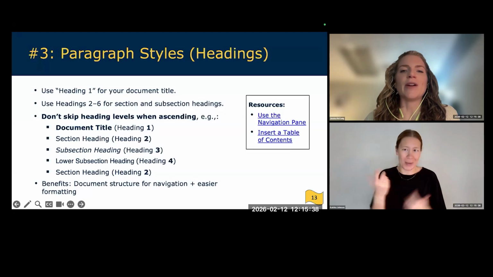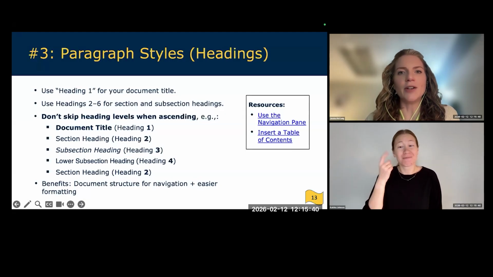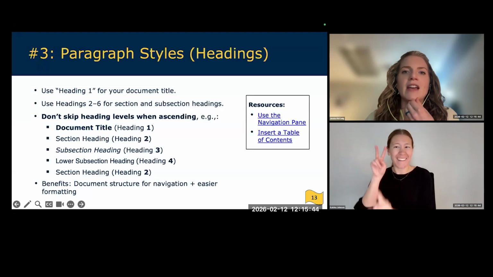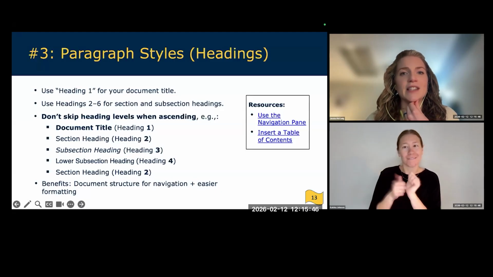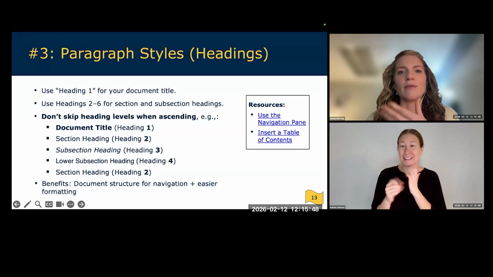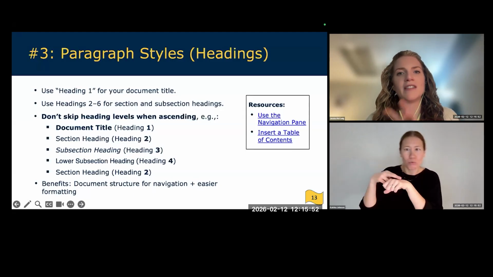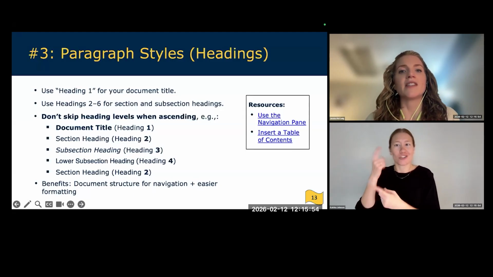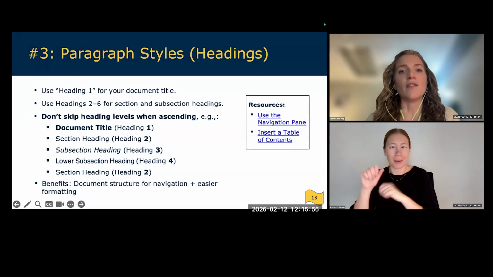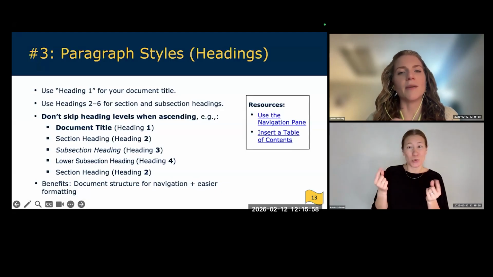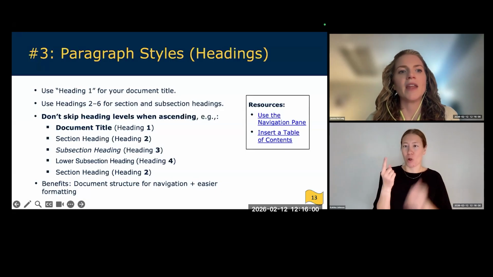However, we want to make sure that we are not assigning a title or subtitle style to our document titles. And the reason for this is because assistive technology doesn't reliably reference things that are labeled as titles or subtitles, especially in the document body. So instead, we want to start with heading level 1 in our paragraph styles and apply that to our document title.